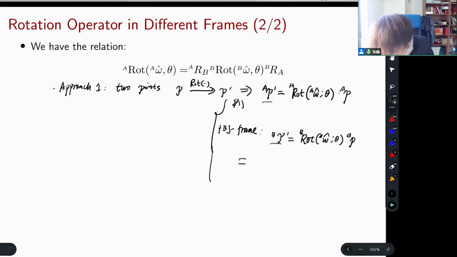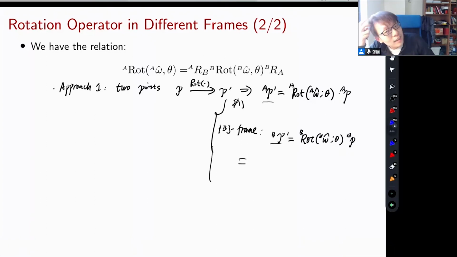What's the relation between these two things? P prime A equals R_BA times P prime B, roughly. I want to relate the same point in two frames, and they are co-located.